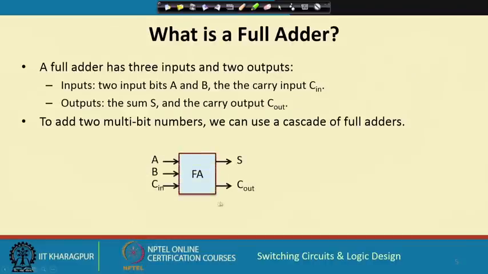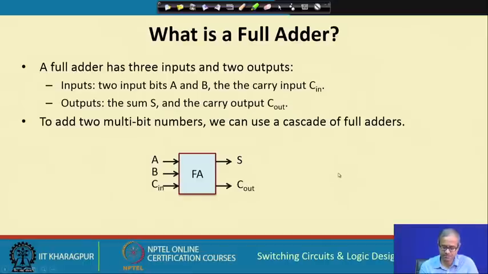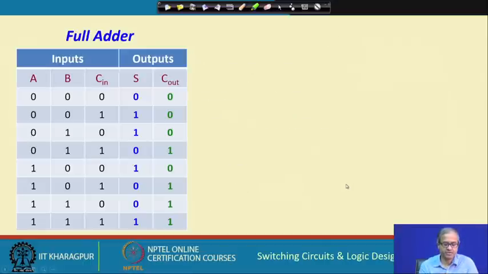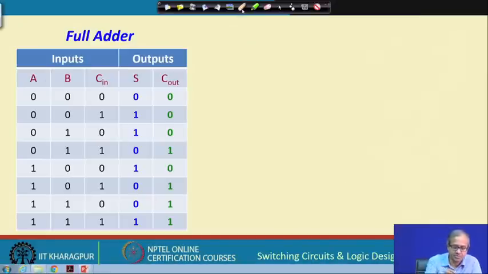So, a full adder schematically can be shown like this, where A, B and C in are the inputs and S and C out are the outputs. The truth table for the full adder will look like this. This was also seen earlier. So, A, B, C in are the 3 inputs. If you add them, 0 0 0 is 0, that means 0 0.